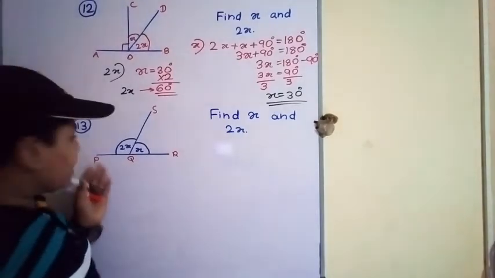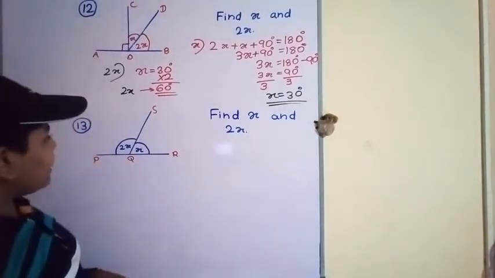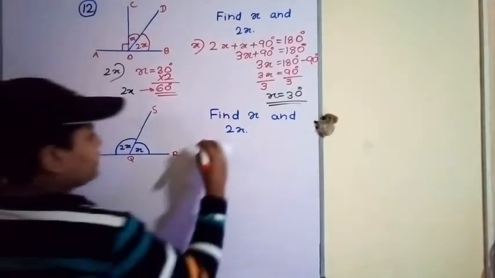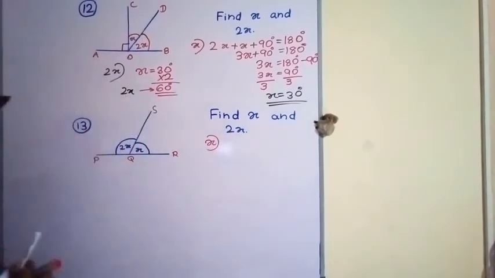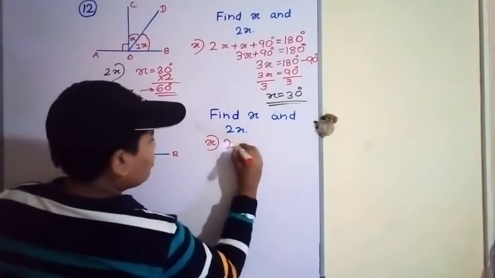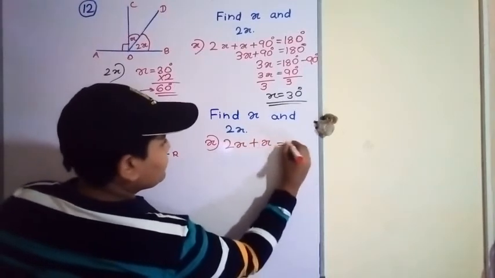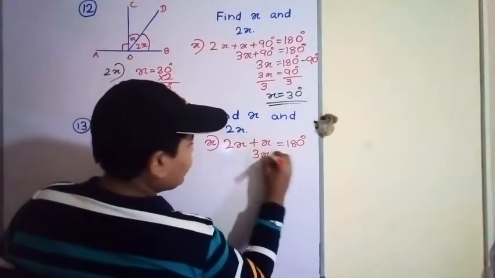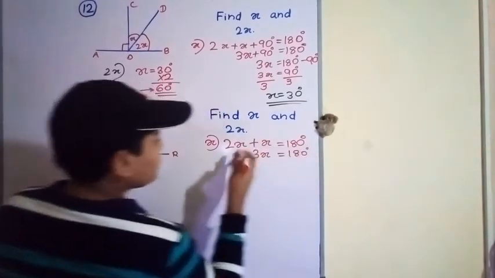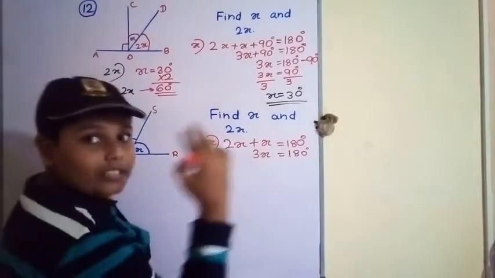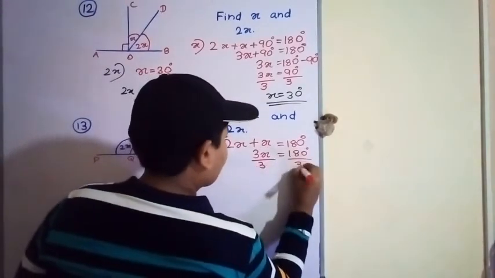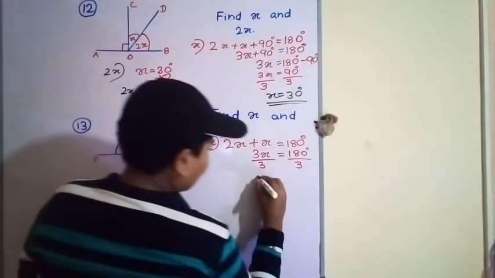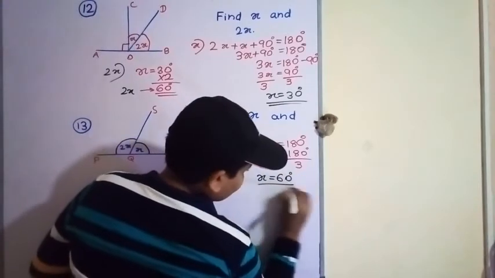In the 13th question, they have a straight line and the angle. Find x and 2x. You want to firstly find the x to find 2x. Now 2x plus x means 180. Now 3x means 180 because 2x plus x means 3x. They have 3x, so you divide by 3. Now you have the answer: x means 60.